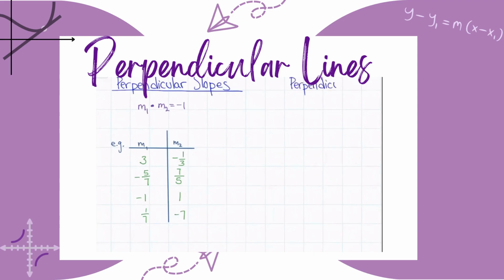Let's look at perpendicular lines. So we know that the slopes have to be perpendicular. And the y-intercept, maybe I'll just write it down.